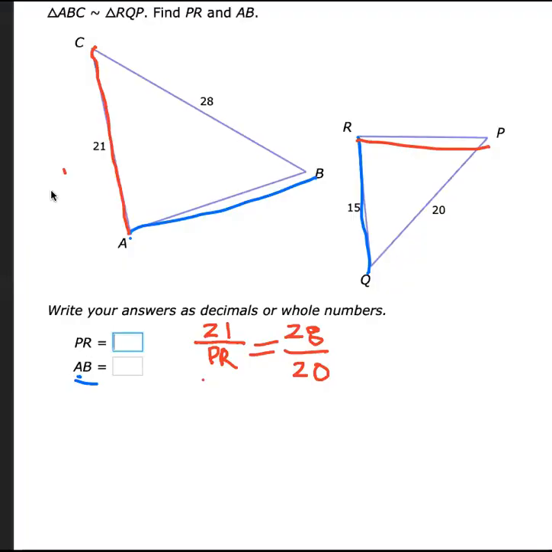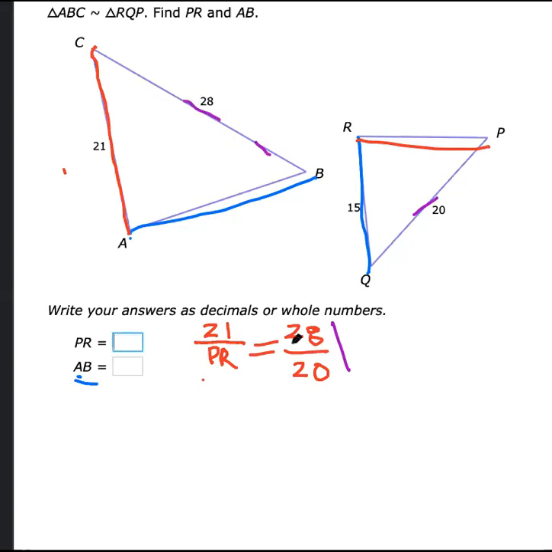All right, so we got 21 over PR is going to be equal to 28 over 20. So this right here, let me change my color. These are basically my purples. It's my purple here and purple here.